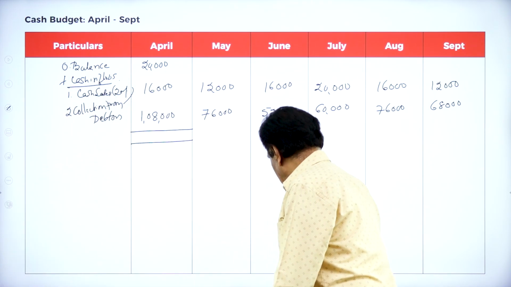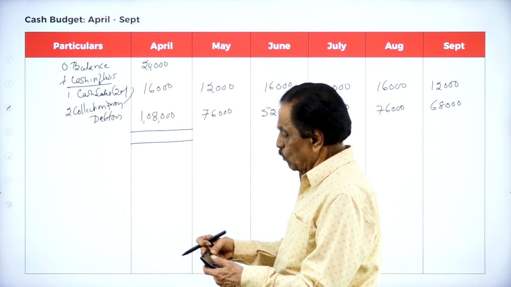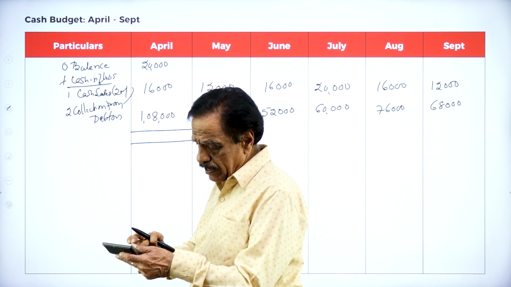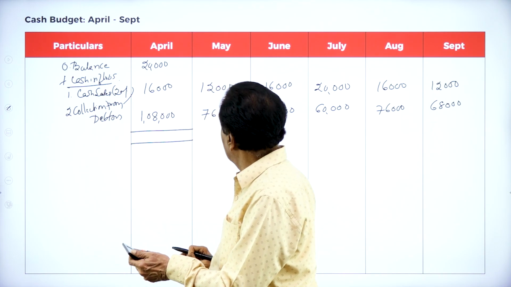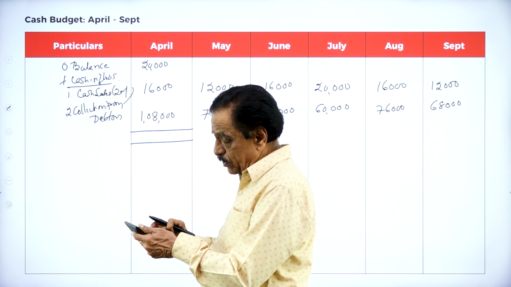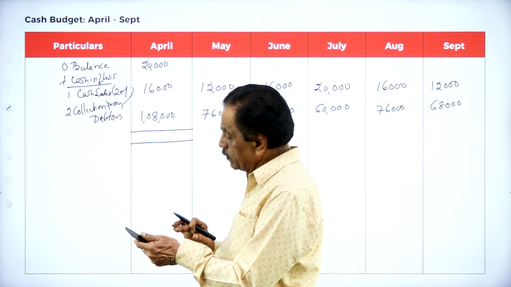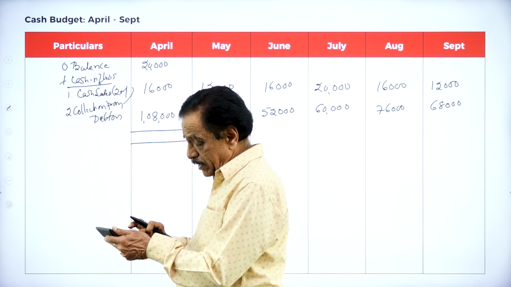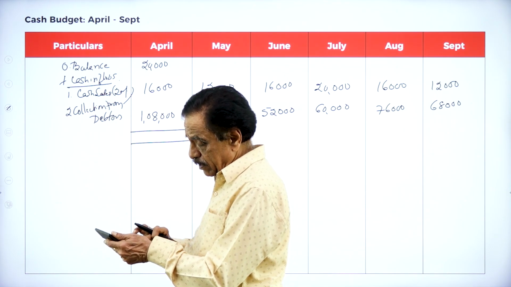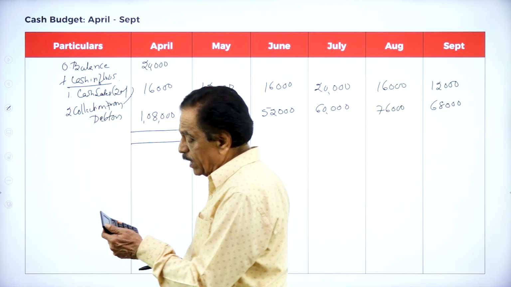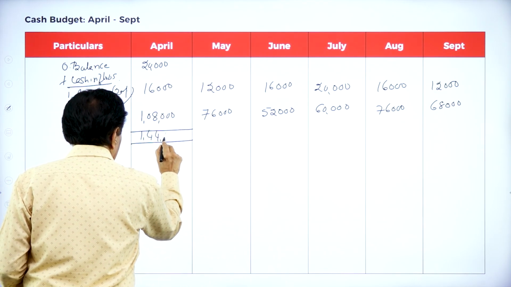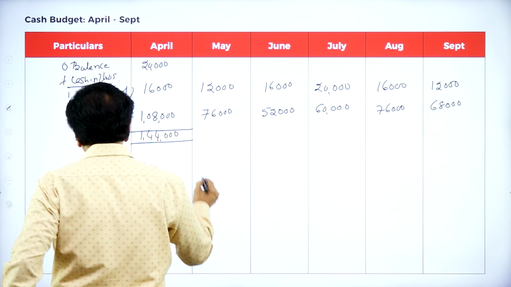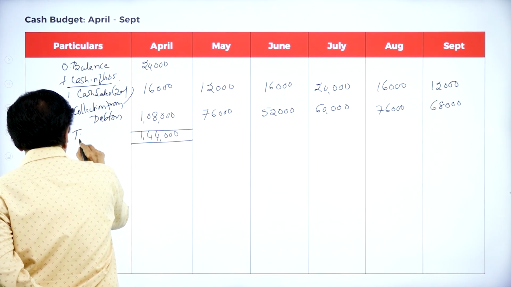So 1,08,000 plus 16,000 plus 20,000, so 1,44,000. Total cash inflow.